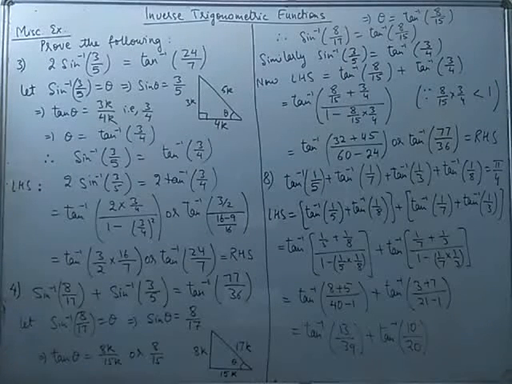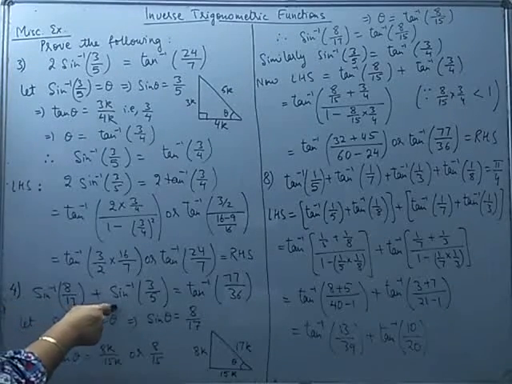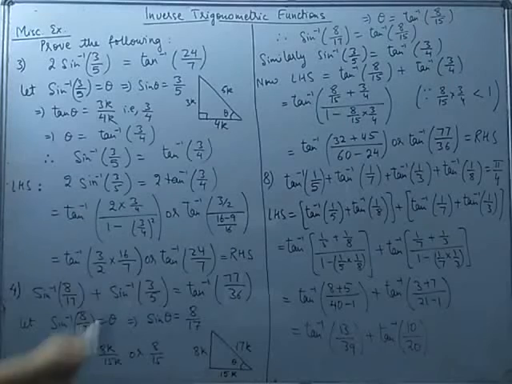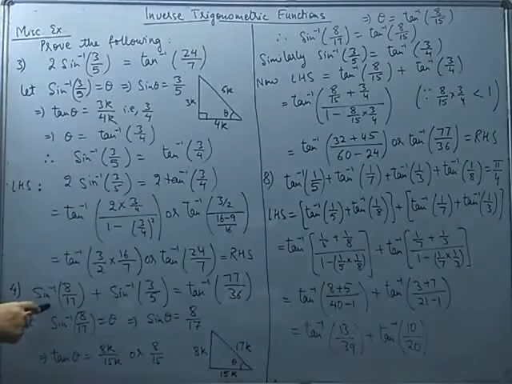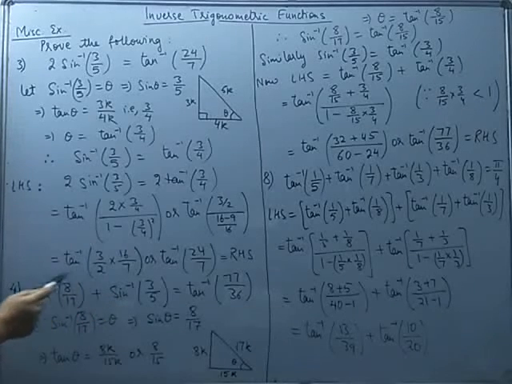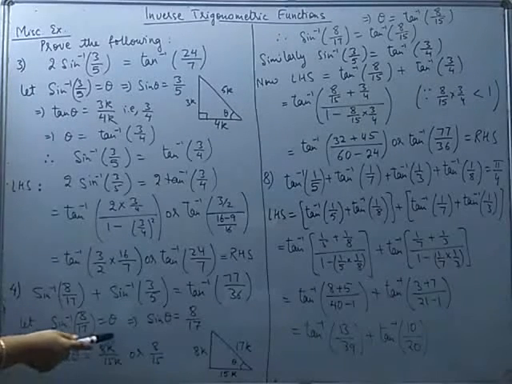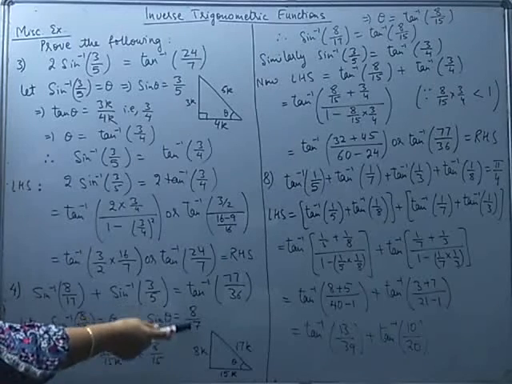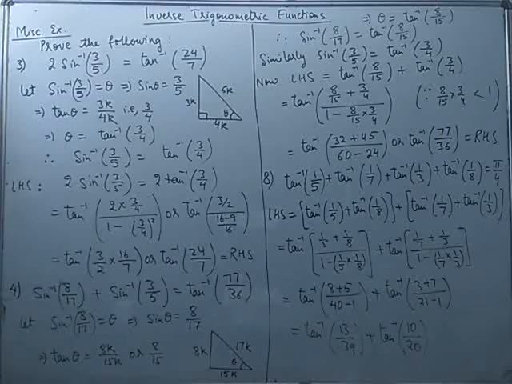Now moving on to the fourth one, you can see the left hand side is the sum of two sine inverse functions, and the sum is to be shown in terms of tan inverse 77 by 36. So we are going to change both of them in terms of tan inverse of a certain real number, as we did in the previous one. Assuming sine inverse 8 over 17 as theta, sine theta becomes 8 over 17. Now that means the ratio of altitude and the hypotenuse is 8 over 17.